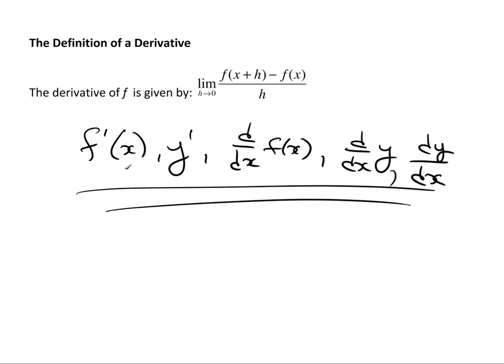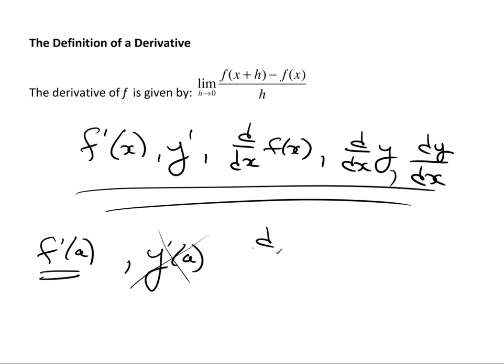Now, if I found the derivative and I wanted to evaluate it at x equals a, well, obviously, if this is the derivative f prime, then f prime of a means once I found it, x is now a, go ahead and evaluate it at a. Another very common notation is y prime of a. Although, you know, this is actually not that common. This is more common. But also, if I take d dx of f of x and then add to it this vertical bar, which you typically read as evaluated at x equals a.